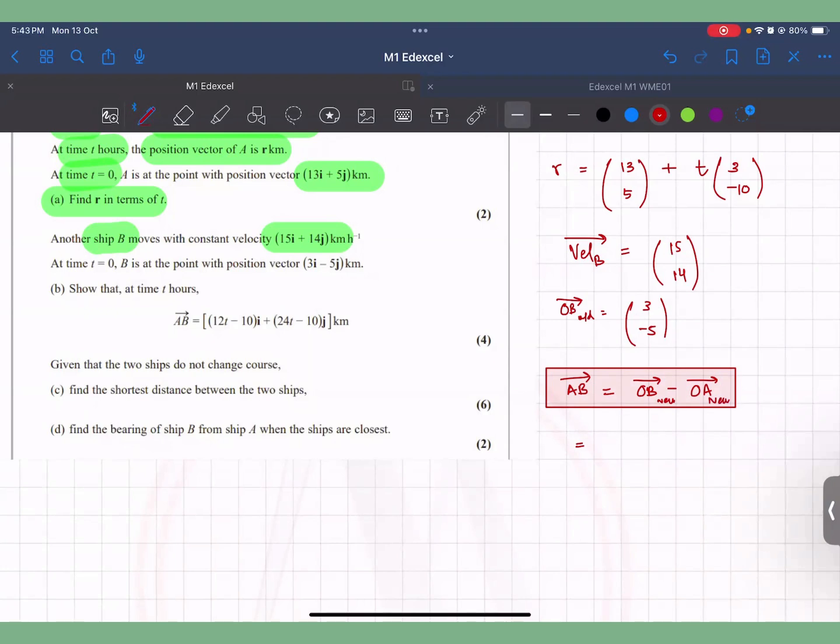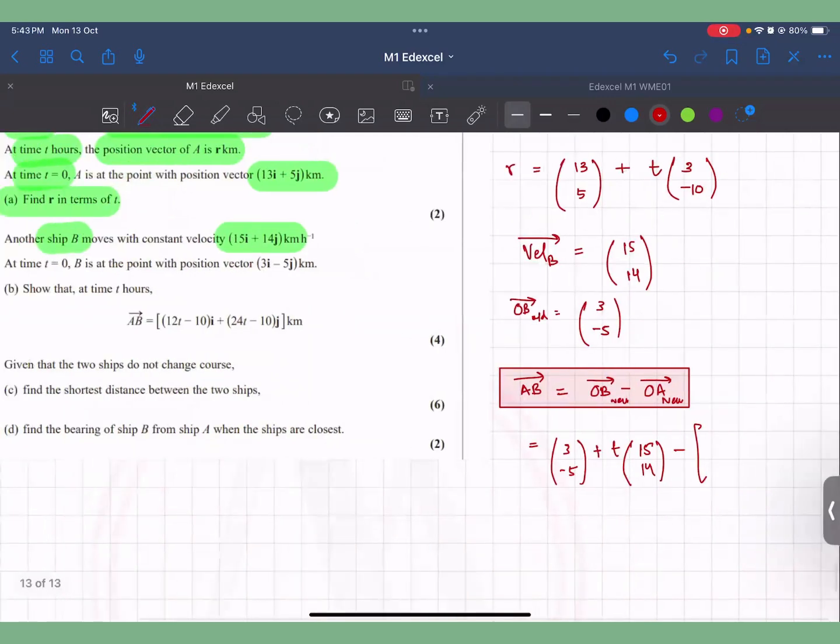So the new OB position vector would be the old one, 3i minus 5j plus t times the velocity vector of B, 15i plus 14j, minus the position vector of A, 13i plus 5j plus t times 3i minus 10j.